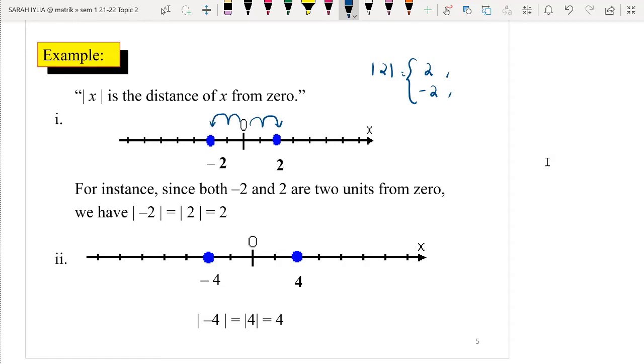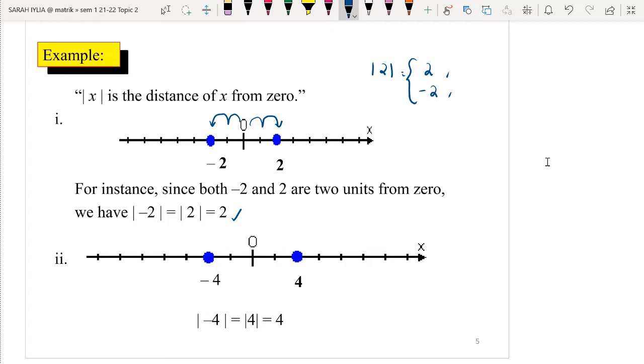So, sebab kita mengukur jarak, maksudnya value dia still 2. Negative in this case only represent our direction. Dia bergerak ke arah kiri ataupun ke arah kanan. Tapi jarak kita still maintain sebagai 2. Kita tak boleh kira jarak dalam ukuran yang negatif. Sebab tu kita letak absolute value.